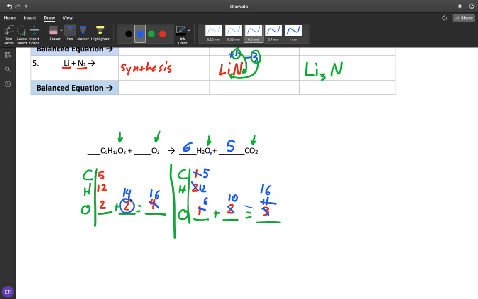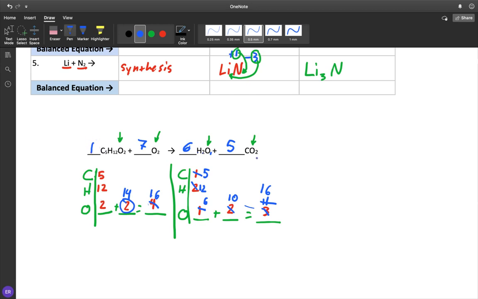So the number that I need to get to is 14. So what times 2 is going to give me 14? 7. So 7 times 2 is 14. And then my other 2 from the first compound, so 2 plus 14 gives me a total of 16.